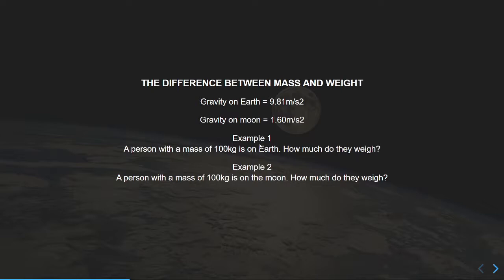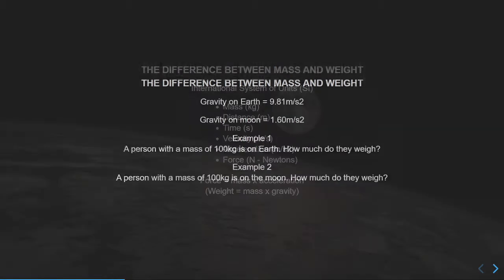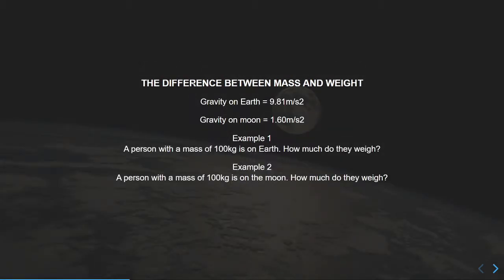This one's a really easy question to answer. 981 newtons. Yes, good. You answered in newtons, which is great. Normally, a regular layperson in day-to-day life would say they weigh 100 kilograms, right?